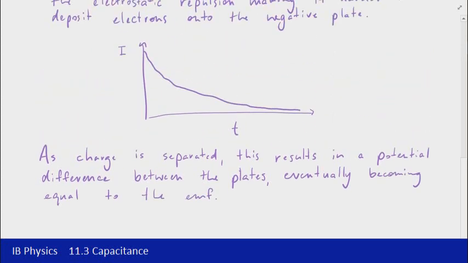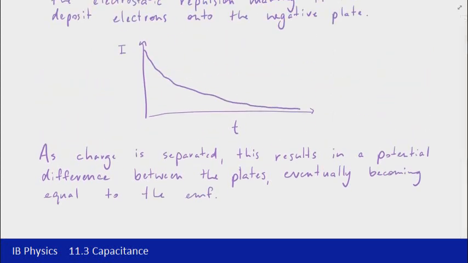If we were looking at, say, EMF or potential difference in orange instead, that would start off at 0 because initially there's no separation of charge across the plates, and would then increase and flatten out, where the asymptote in this case would be the EMF of the cell.